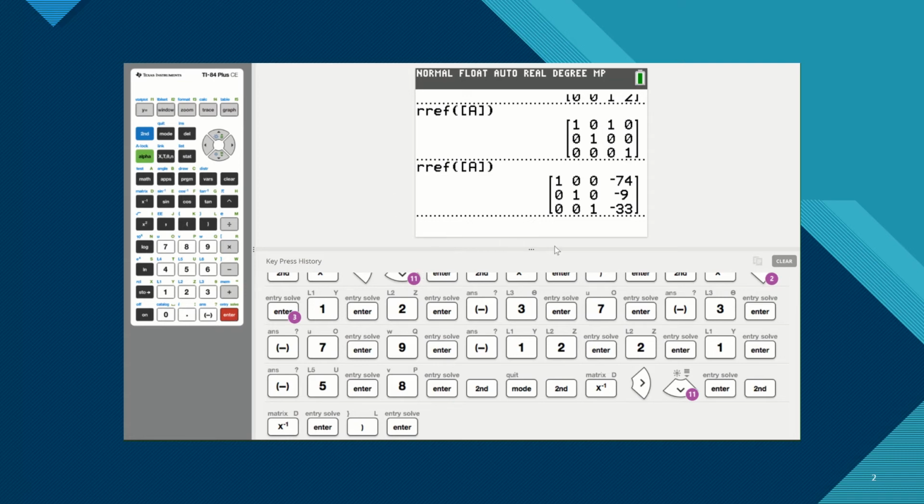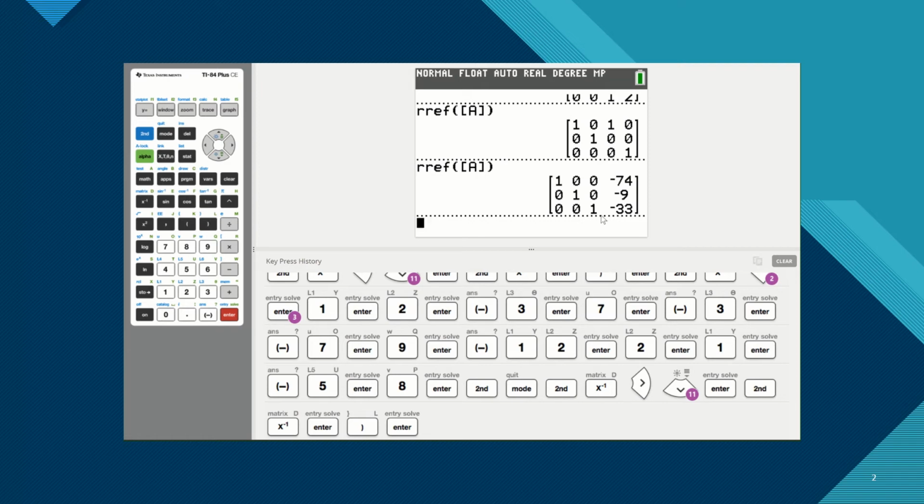So you notice there that in row 1, which is the solution for my x variable, it's negative 74. Row 2 in column 4 is negative 9. That's the solution for my y variable. And in row 3, column 4, it's negative 3.